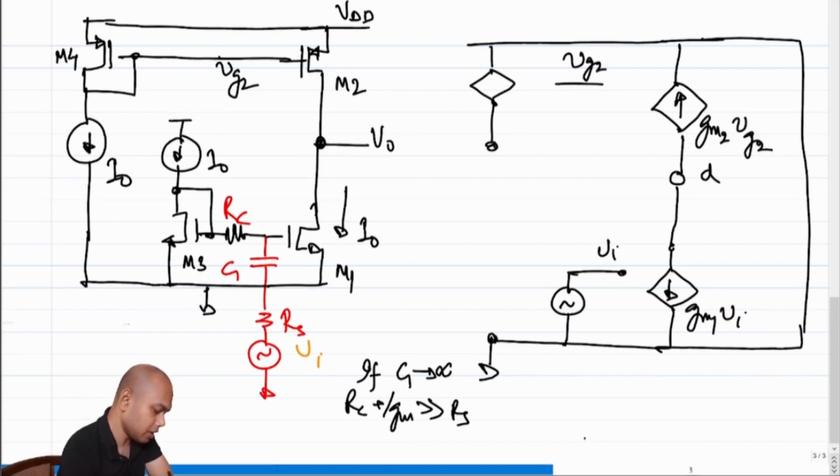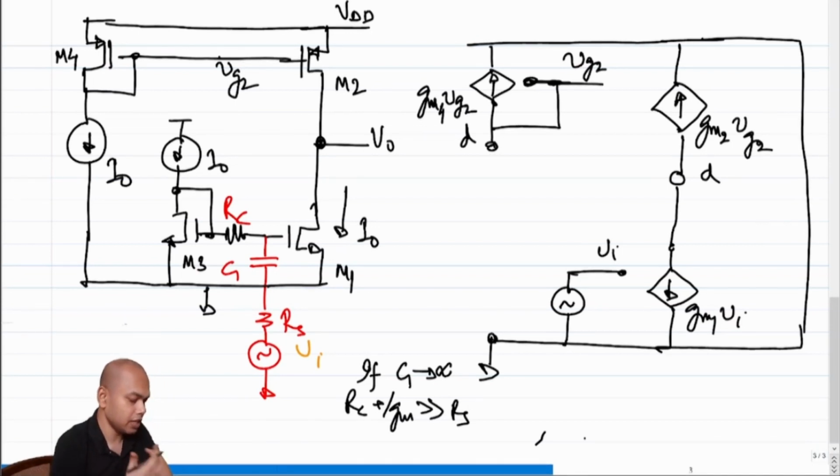So current source opens up. This is the drain voltage. The drain and the gate are connected together, and this is GM3 or GM4 VG2, right? GM VGS or GM4 VG2, correct?